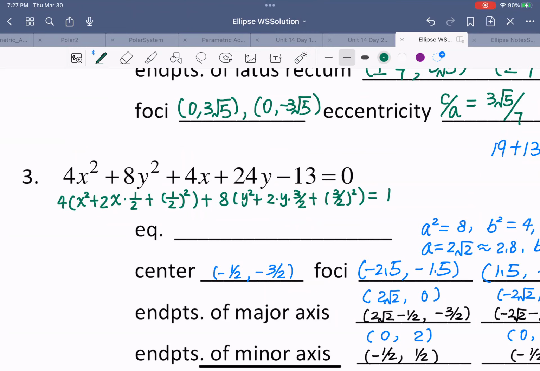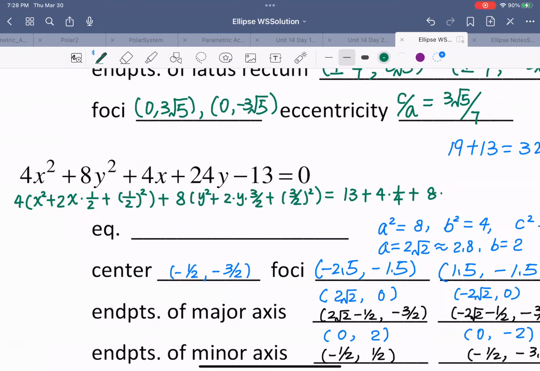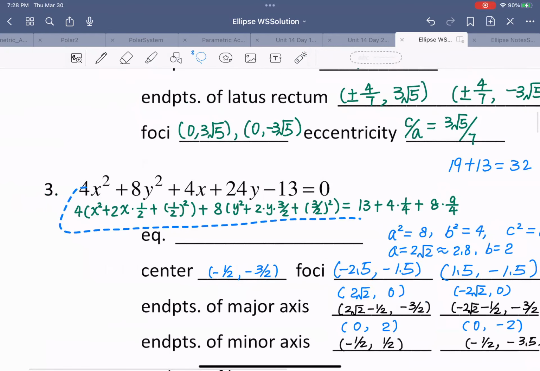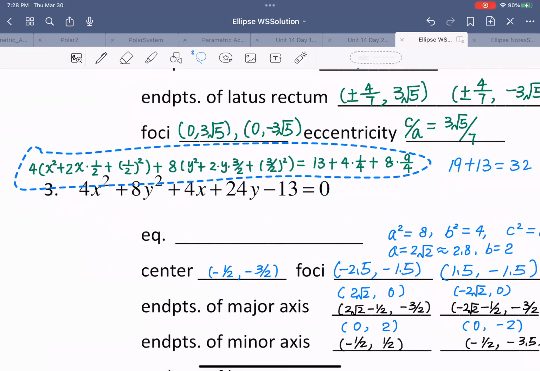13, negative 13 to this side, positive 13, plus who? This is the extra thing. You have to balance, so you will times 4 times 1/4, which is 1, so you will plus 1, right? So this is 4 times 1/4 plus 8 times 9/4, yes? So far, so good? So I'll have to make this one squeezed over here, okay?